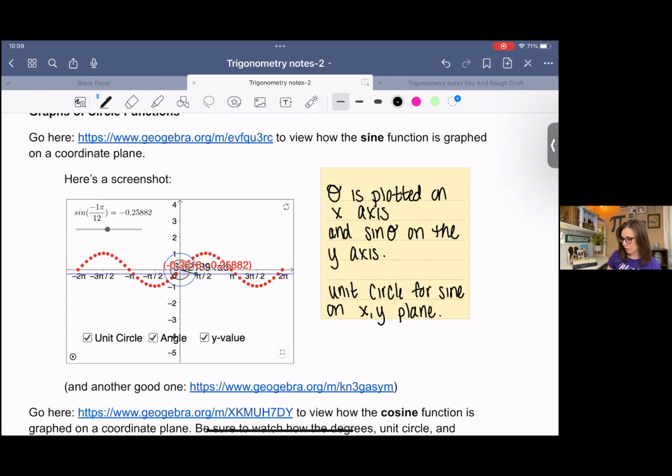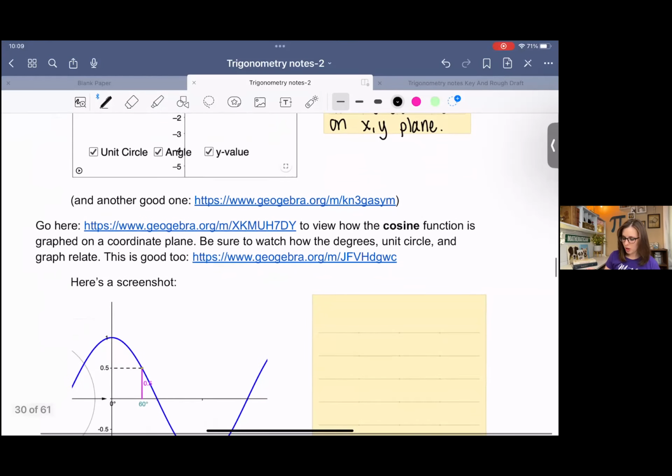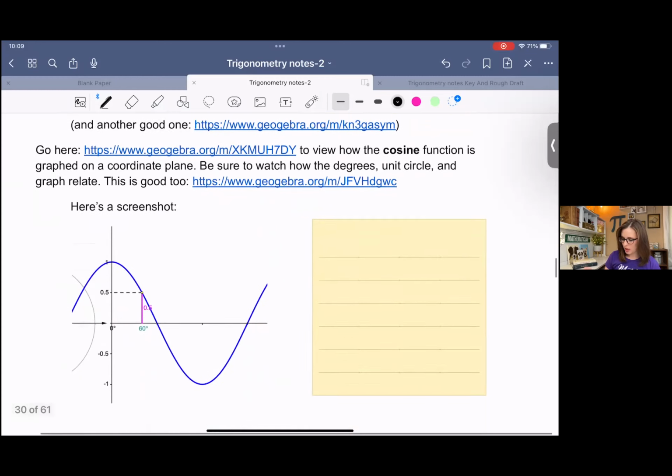We can do the same thing for cosine. We can go to this website and you can see what that looks like plotted out on an XY coordinate plane. I've taken a screenshot here for the sake of time, and you can see that at 0, cosine of 0, if you remember the unit circle, is 1.